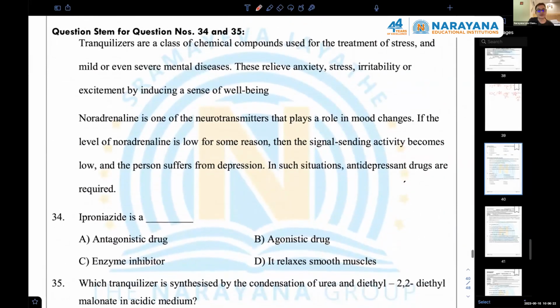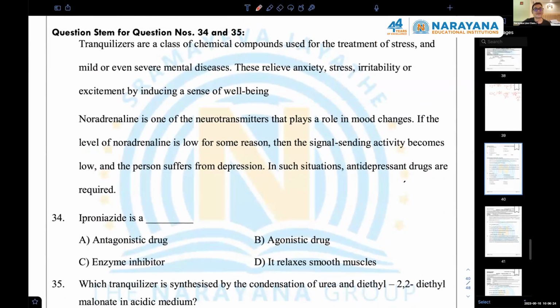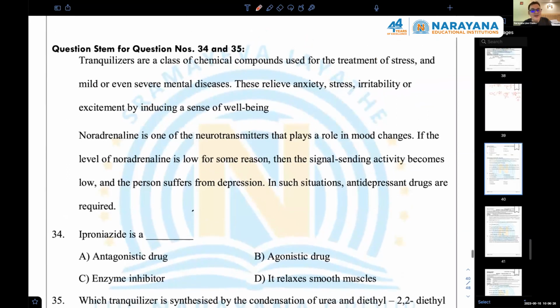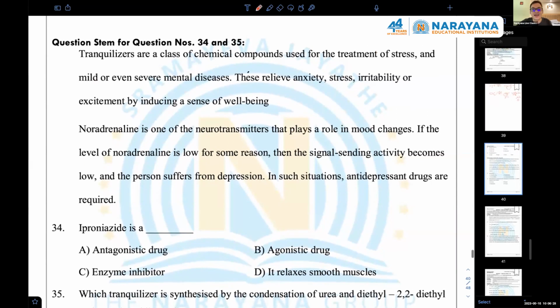Now, what is this? Chemistry in everyday life. I didn't see this paper too. Tranquilizers are a class of chemical compounds used for... I actually didn't see this question at that time. Do you know tranquilizers? They are used to remove anxiety, stress, and for sleeping pills.